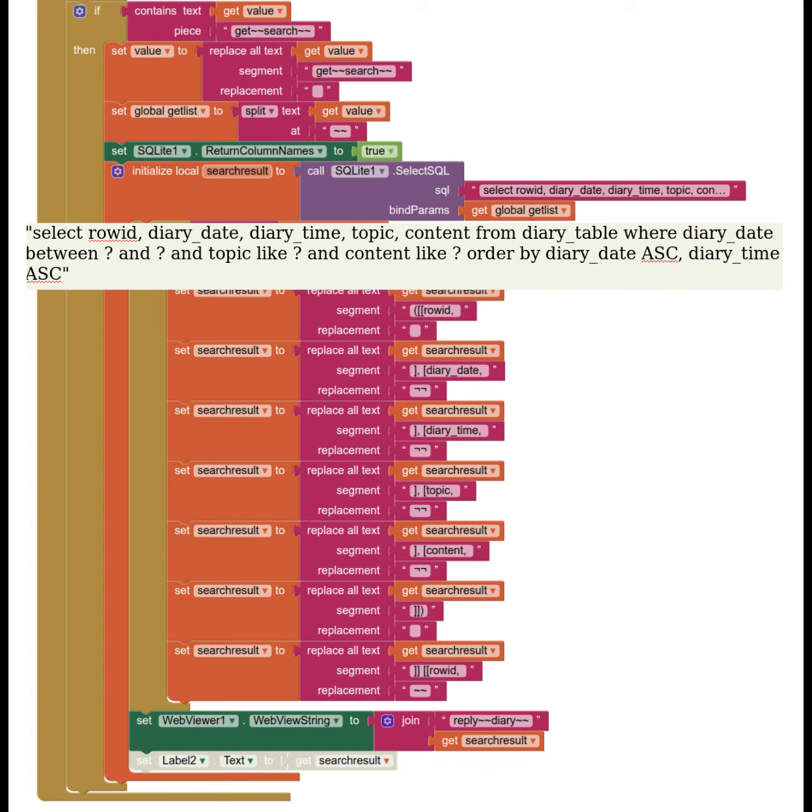Again we use a select query, and the SQL is select row ID, diary date, diary time, topic, content from diary table where diary date between question mark and question mark and topic like question mark and content like question mark, ordered by diary date ascending, diary time ascending.